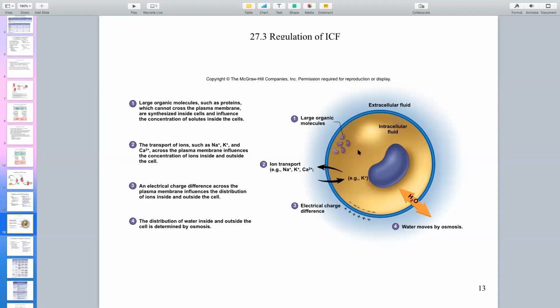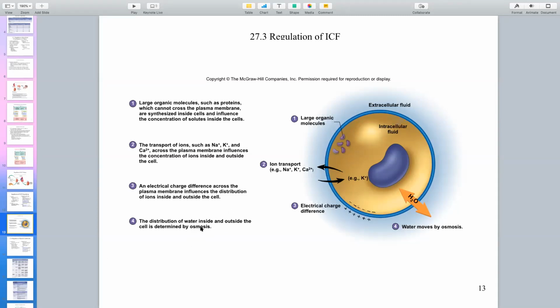Now the big one we're gonna see is the sodium-potassium pump, right? Because of the sodium-potassium pump, we're gonna pump out a lot of sodiums, 3 sodiums, but only 2 potassiums come back in. So with each cycle, you lose an extra positive charge. When you lose a positive charge from the inside, you become negative. So it's slightly negative inside the cell. Think of a skeletal muscle. Think of a neuron. All of our cells are slightly negative.